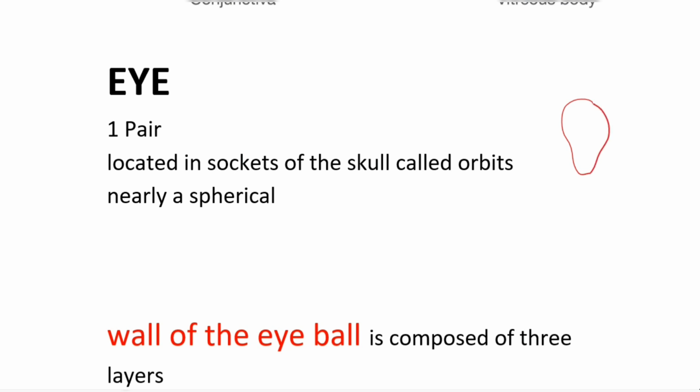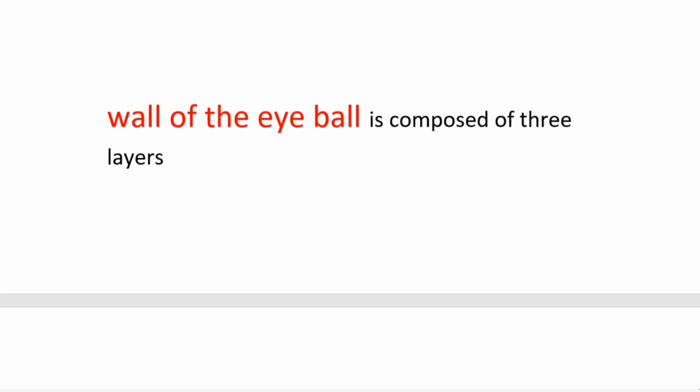Going into the anatomy of the eye, firstly the wall of the eyeball is composed of three layers: S, C, R. The outermost layer is the sclera, the middle one is the choroid, and the innermost layer is the retina. From this part, every description, every word is very important about each layer of the wall of the eyeball, so please listen carefully.